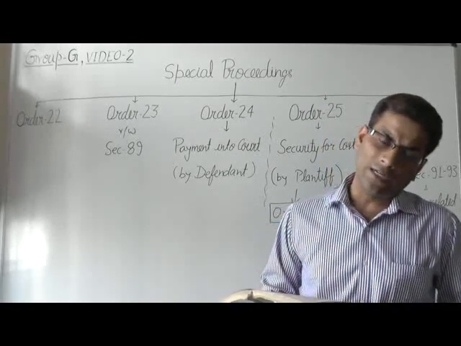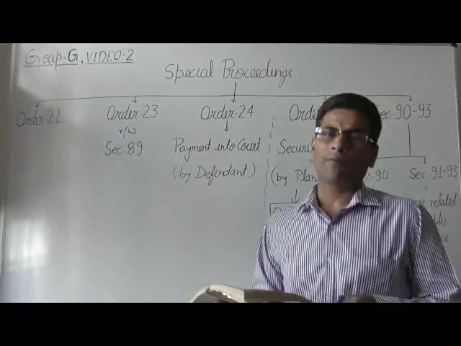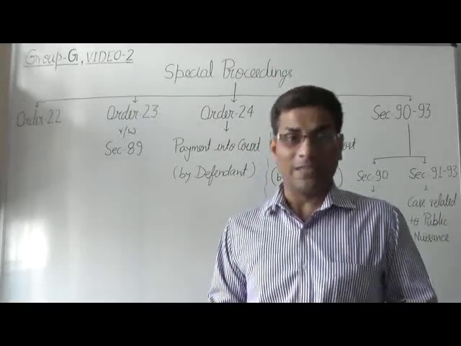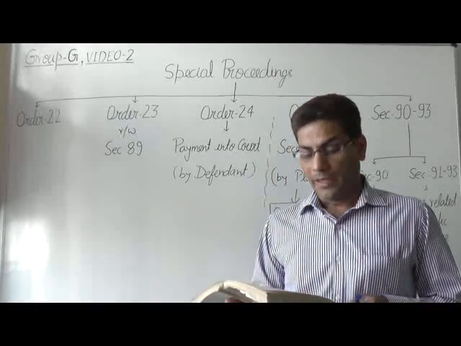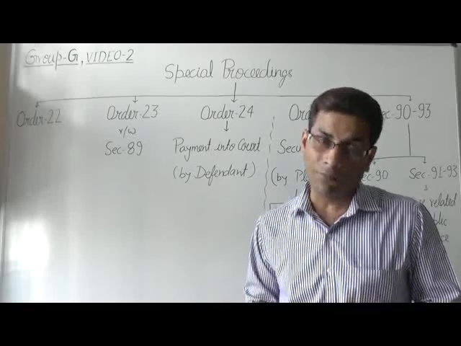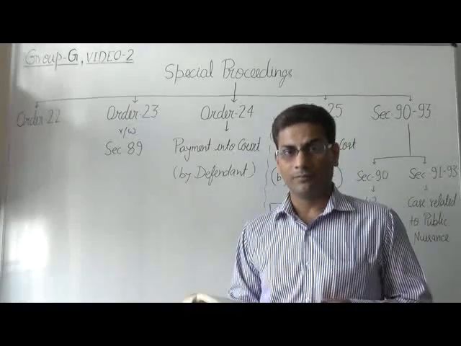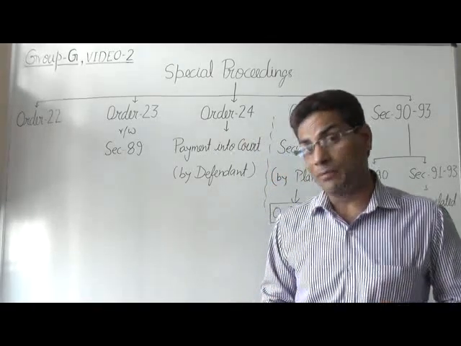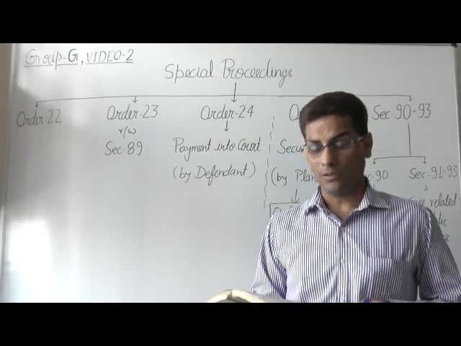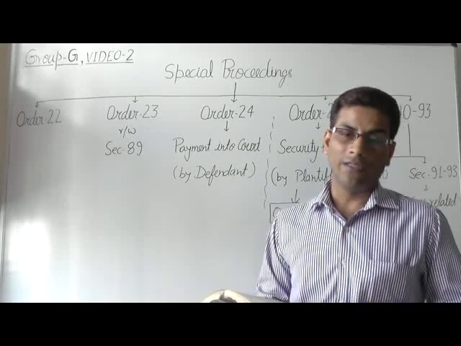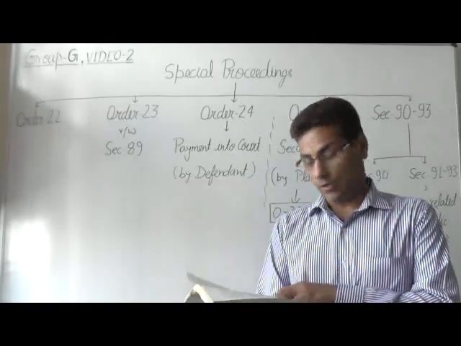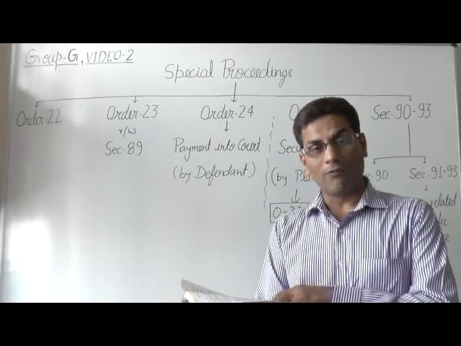Making such an order against the plaintiff is generally subject to the discretion of the court, but in exceptional situations it is mandatory for the court to make such an order. When such an order shall be passed has been provided in the proviso of sub-rule 1 of Rule 1 of Order 25.